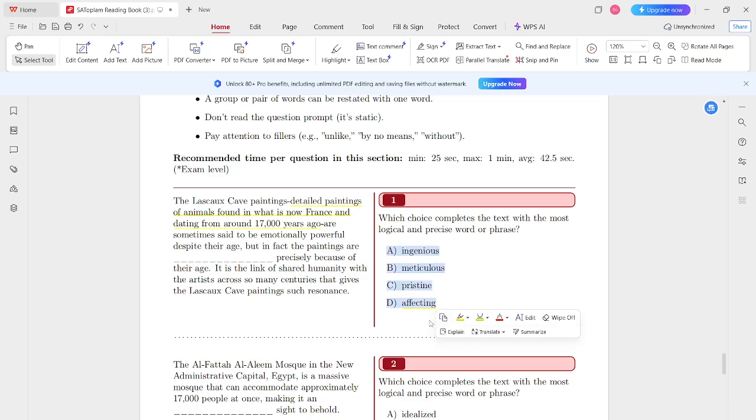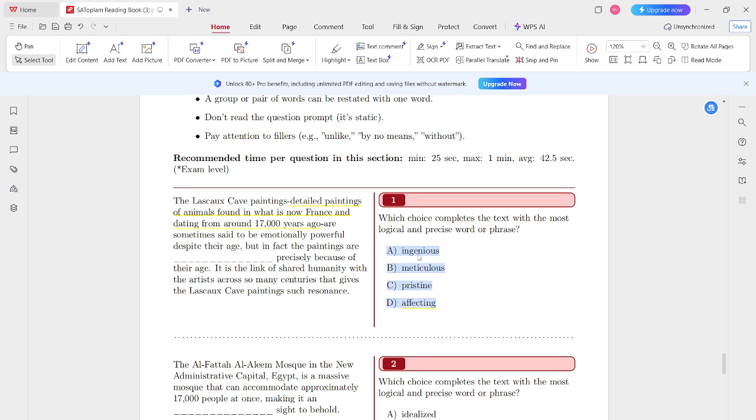And when guessing, try to find two words that mean the opposite. We need to find, while guessing, two antonyms, all right? And usually, one of those antonyms is the answer.